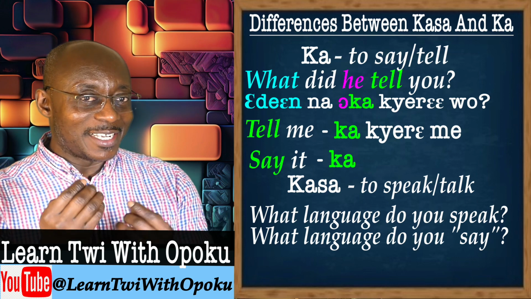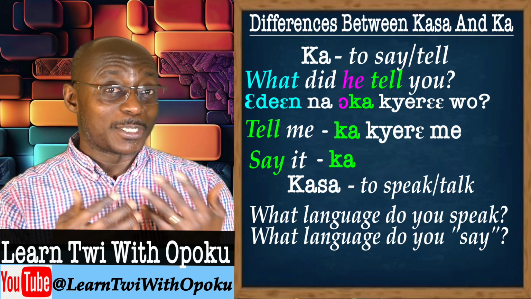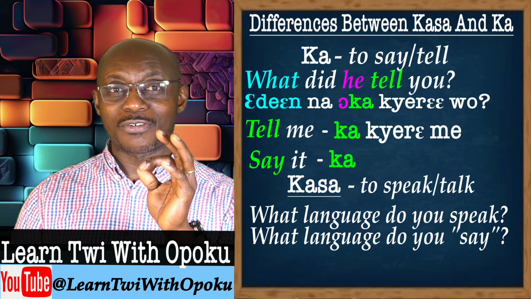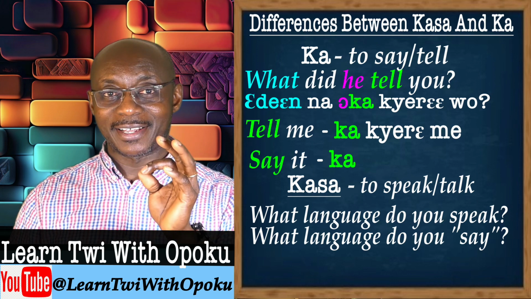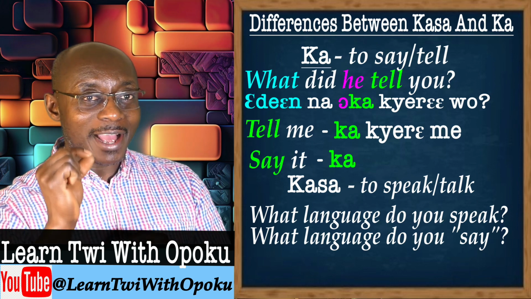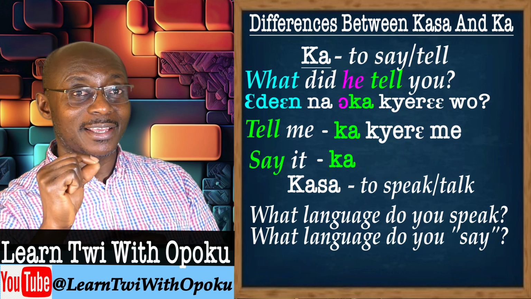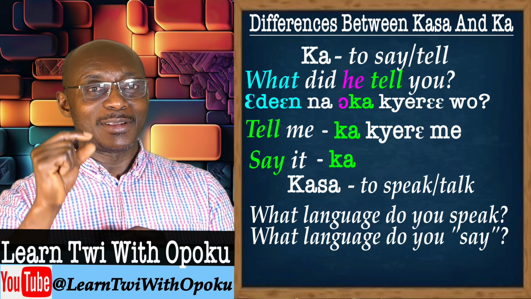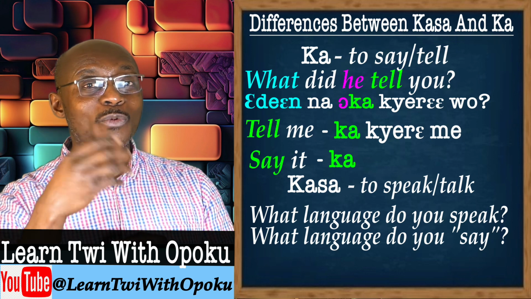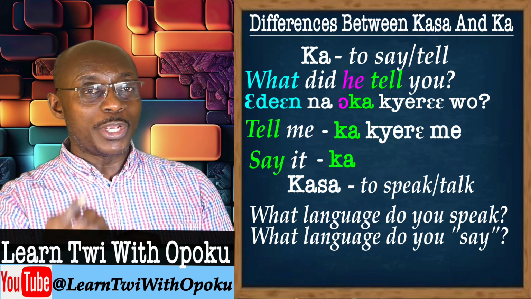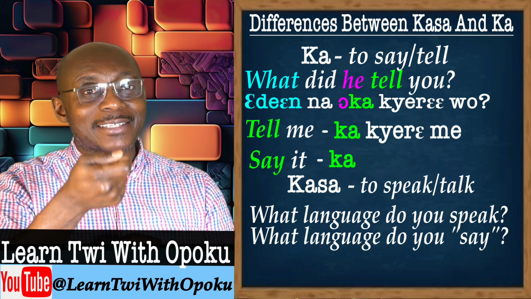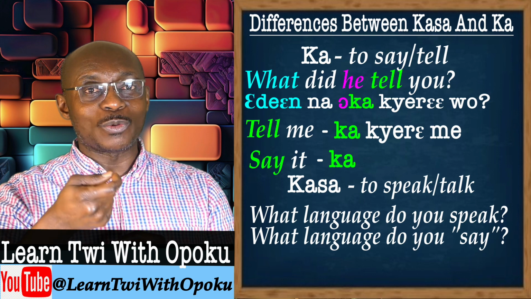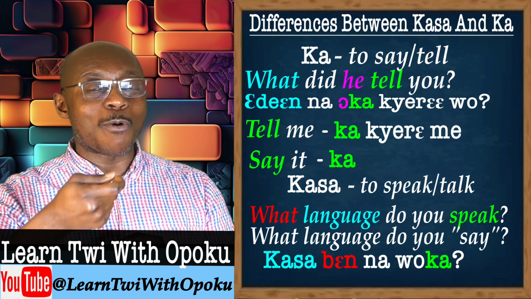So like I said, kasa means to talk or to speak, whilst ka means to say or to tell. But in this instance, asking what language do you speak, we do not use kasa, but we use ka. So we ask, kasa ben na woka.